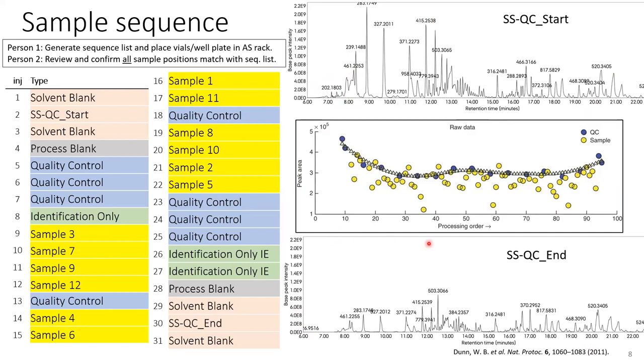Basically, we had to do something, clean the instrument, change the sample prep to get the same signal again, because when you compare these two chromatograms, they are completely different, and we had to change sample prep parameters and then restart the sequence again.